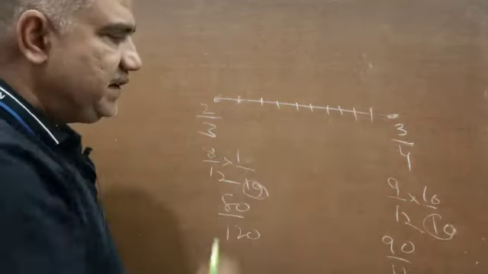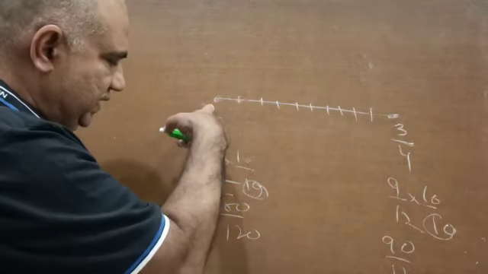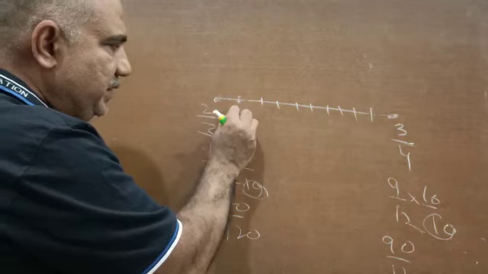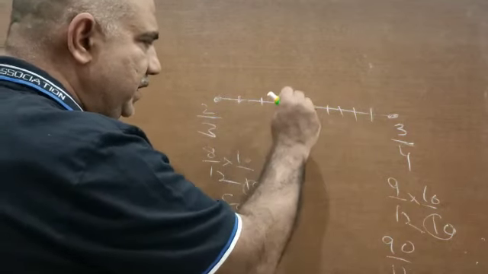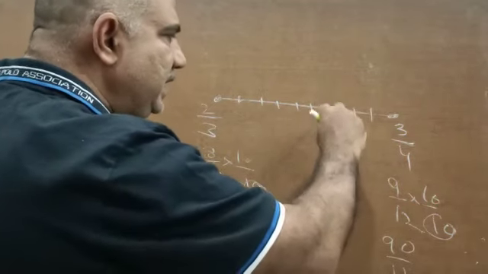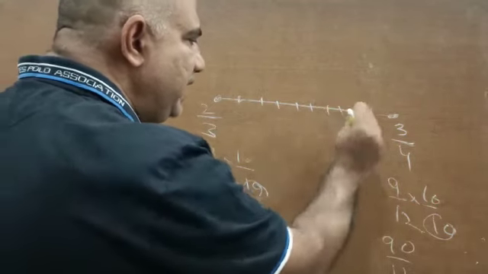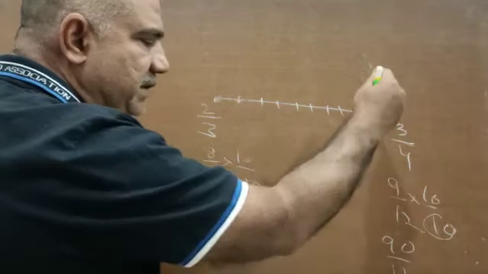So those numbers we can write now. This is 80 by 120, then 81 by 120, 82 by 120, 83 by 120, 84 by 120, 85 by 120, 86 by 120, 87 by 120, 88 by 120 and 89 by 120, and that of course is 90 by 120.